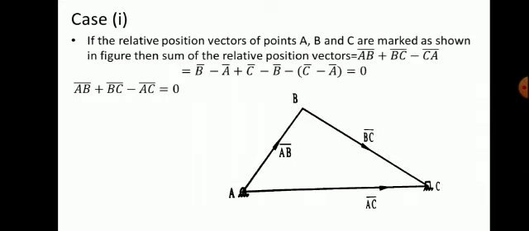Let A, B, C and D be the relative position vector of the links. AB and CD is A bar, B bar, C bar, D bar be the relative position vector of the links.